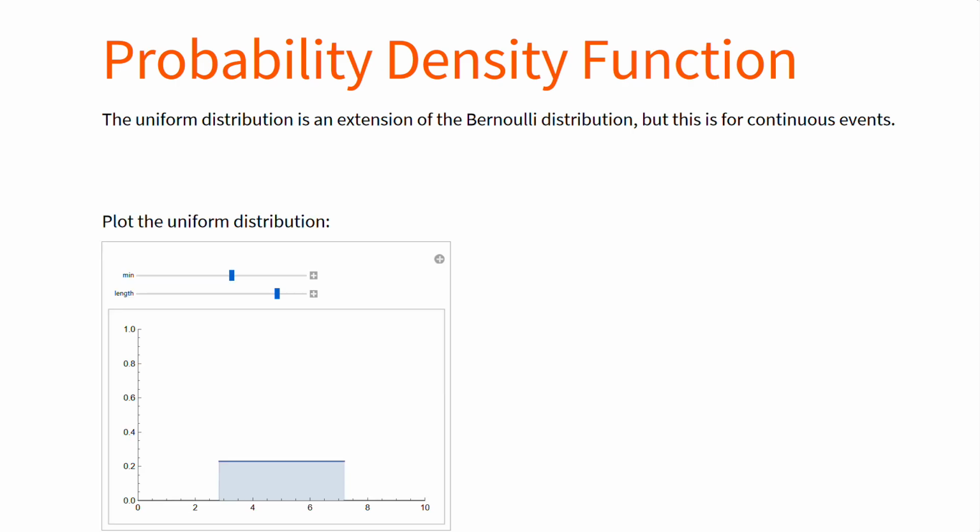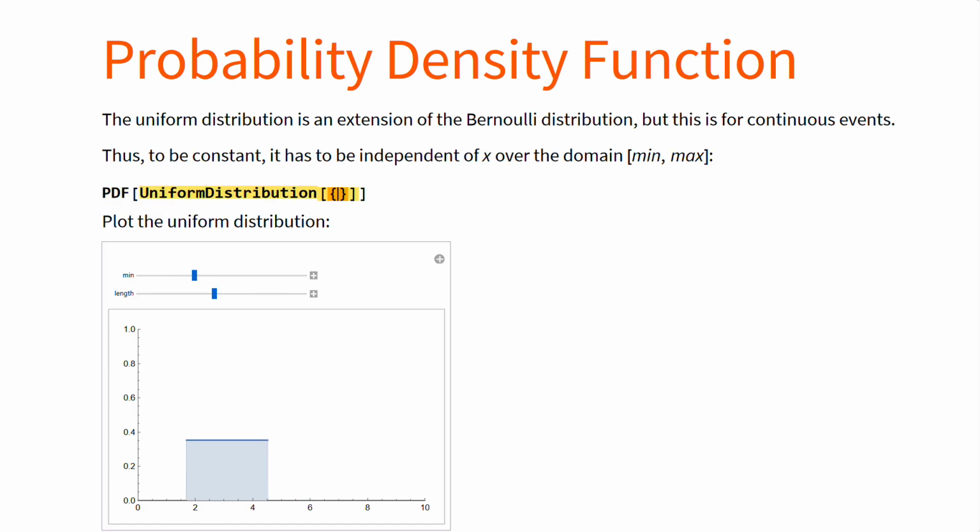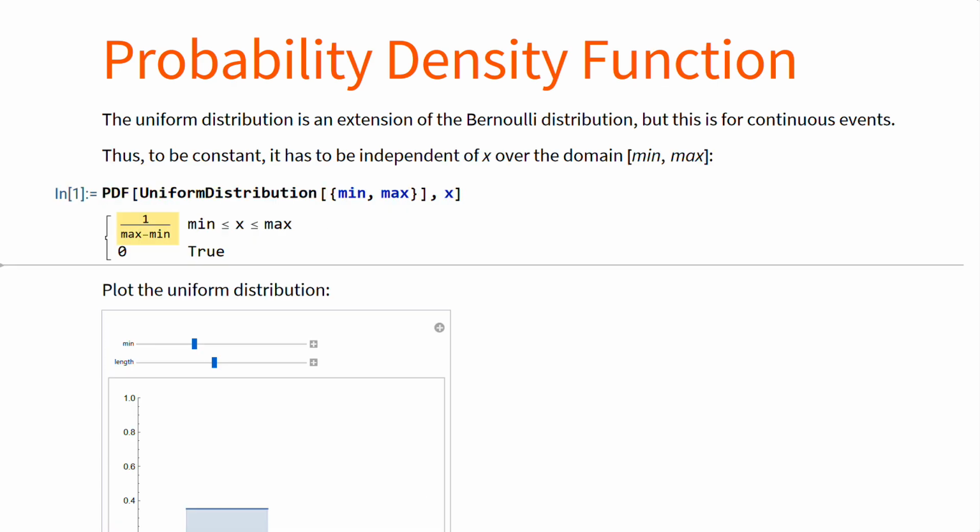So imagine a rectangle on a graph, from minimum to maximum, where the area needs to be 1. The length is naturally the maximum minus the minimum. So the height, or probability, must be 1 divided by the max minus the minimum. And indeed, that's the case, as you can see from the PDF.